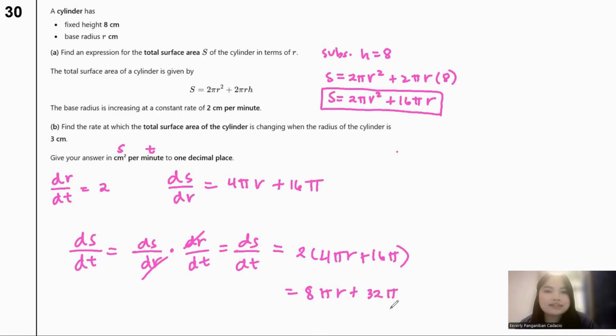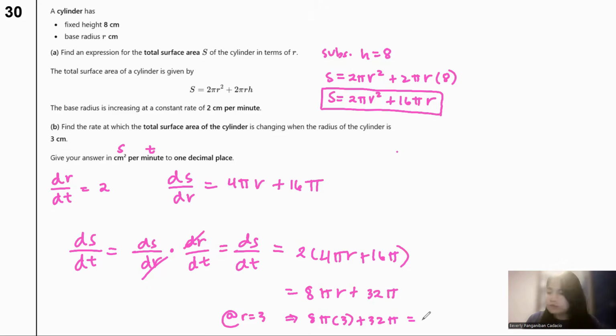Okay, but when the radius of the cylinder is 3 centimeters, what I'm going to do now is put my 3 there. And we need to answer in 1 decimal place. Because the radius is equal to 3, put it there: 8 pi times 3 plus 32 pi. Let's put that in the calculator: 8 times pi times 3, double check with me, plus 32 times pi.